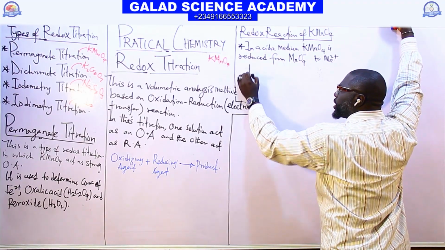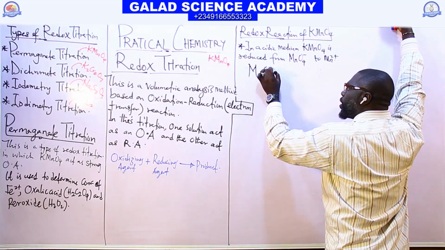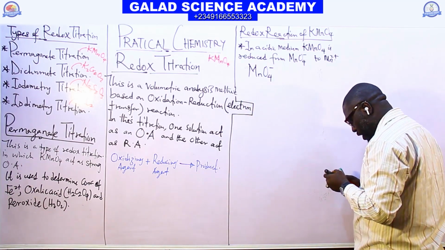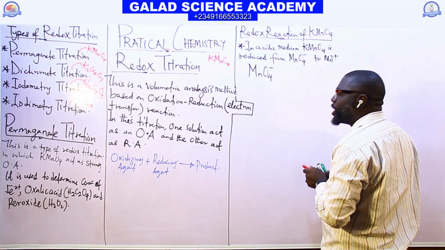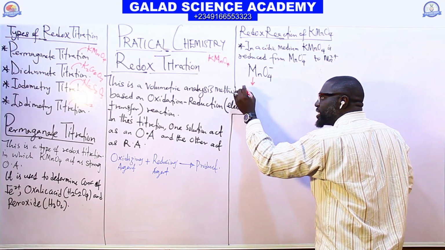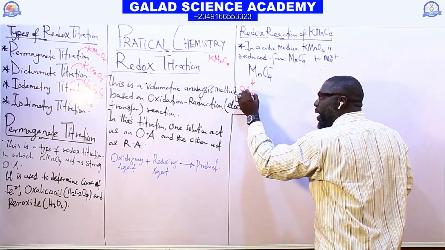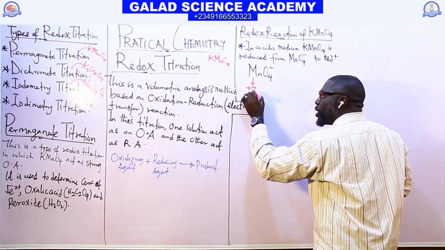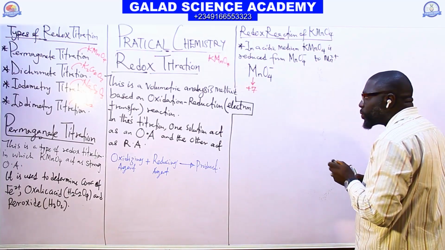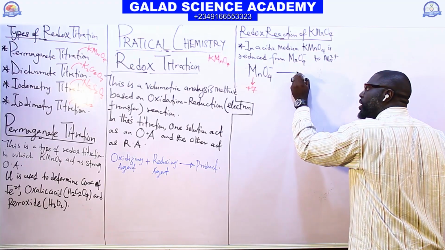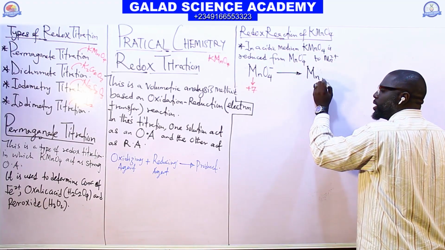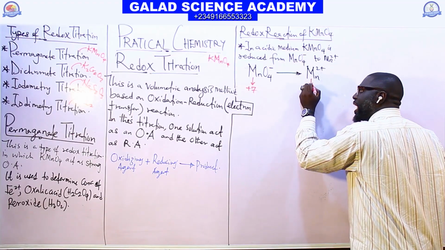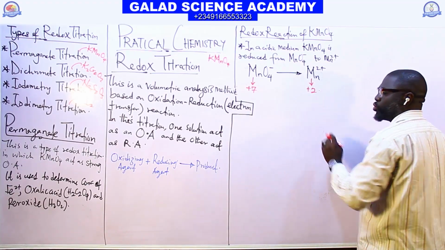If you look at this reaction, MnO4 minus, the oxidation number for manganese here is +7. When it is reduced, it gives us Mn2+, so the oxidation number of manganese is +2.